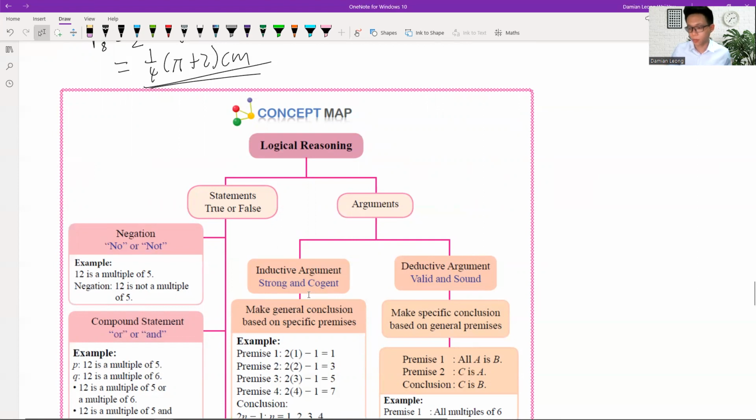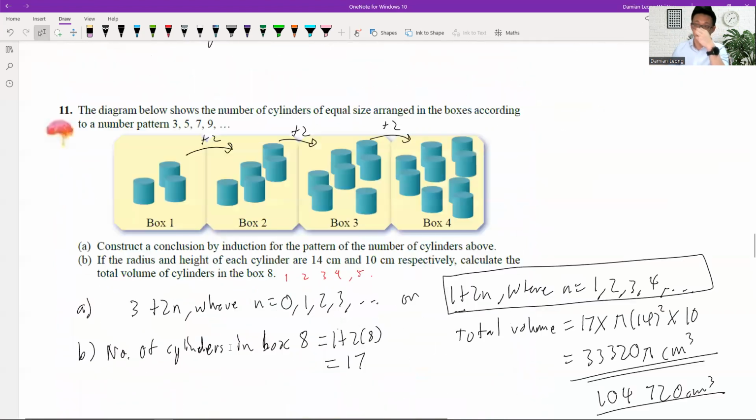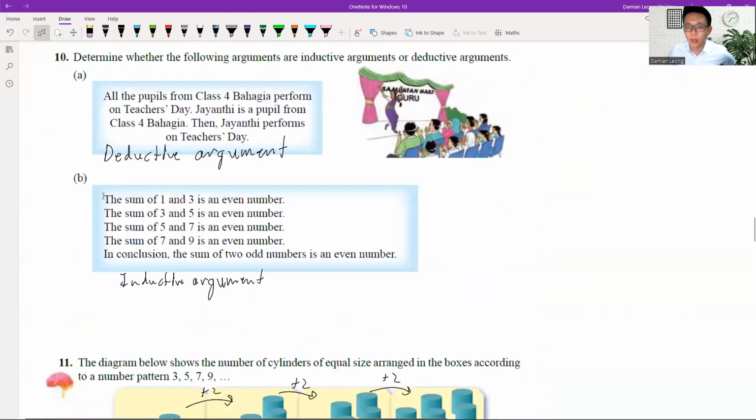Strong or weak is based on whether, if all the patterns, like for this one, these 4, are correct, and assuming that they are correct, whether or not they actually are, how likely is it for the conclusion to be true?